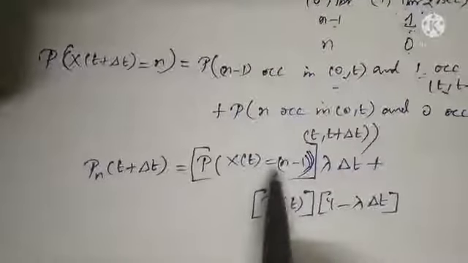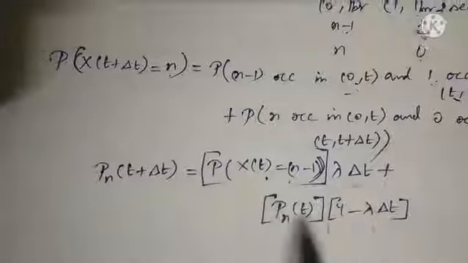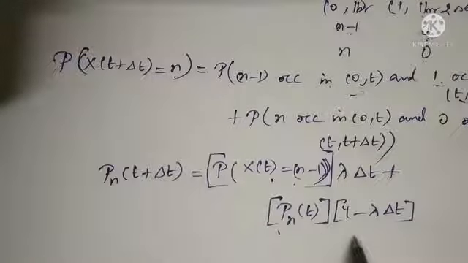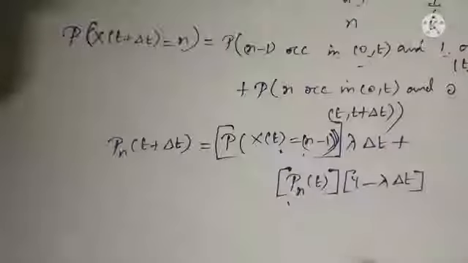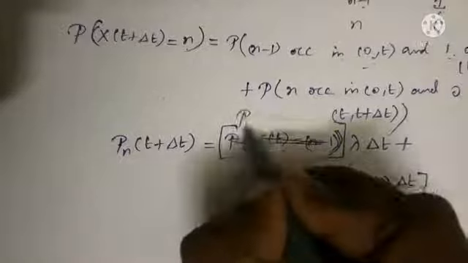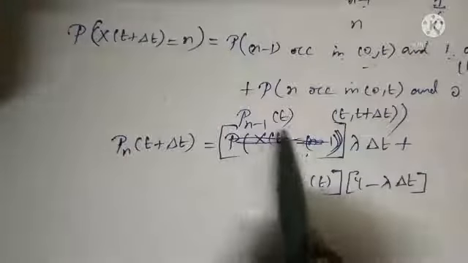So P of X of t equal to n minus 1 into lambda into delta t plus Pn of t into 1 minus lambda into delta t. This can be written as Pn minus 1 of t.